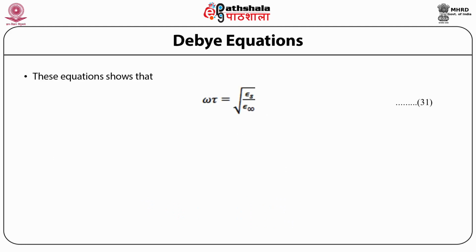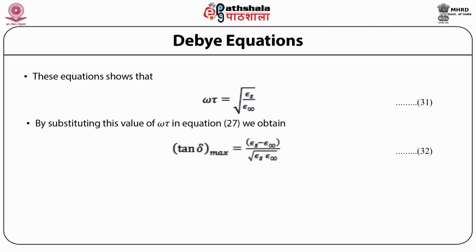These equations show that omega tau is equal to root over epsilon s by epsilon infinity. By substituting this value of omega tau in equation 27, we obtain tan delta max is equal to (epsilon s minus epsilon infinity) divided by square root of (epsilon s into epsilon infinity).